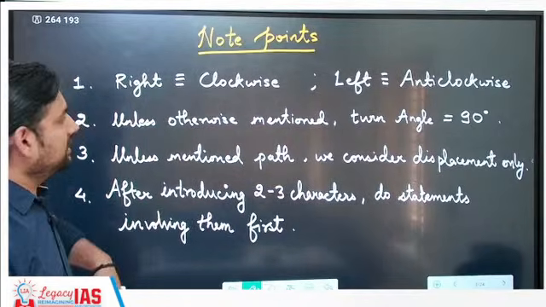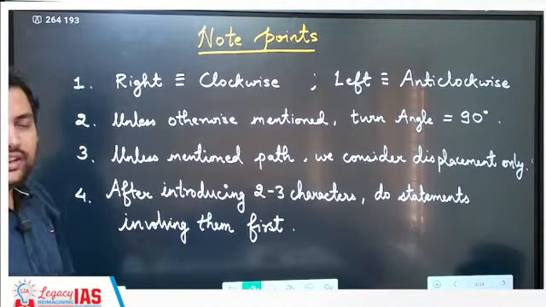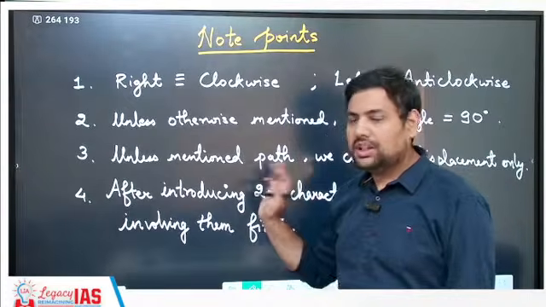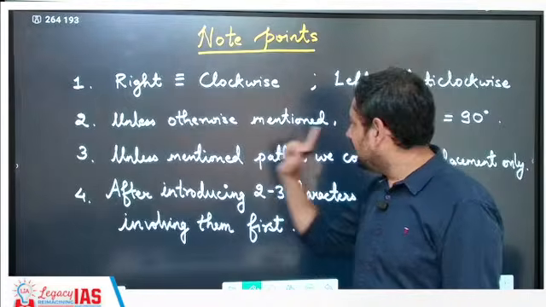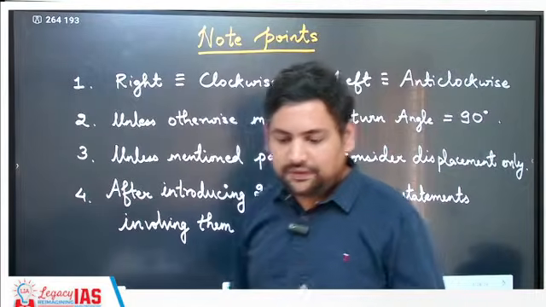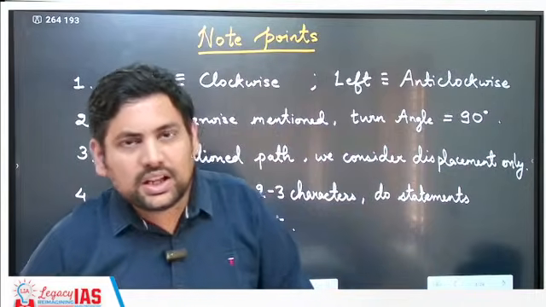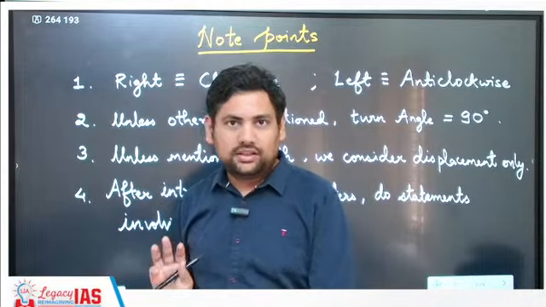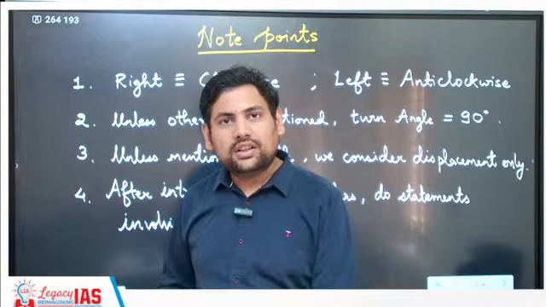Then after this, there are 2-3 points that will be used later in questions, so we are dealing with them here only. Unless otherwise mentioned, turn angle is always 90 degrees. So if a question says that a person is going north, then he turns right. Now right at what angle? Correct.